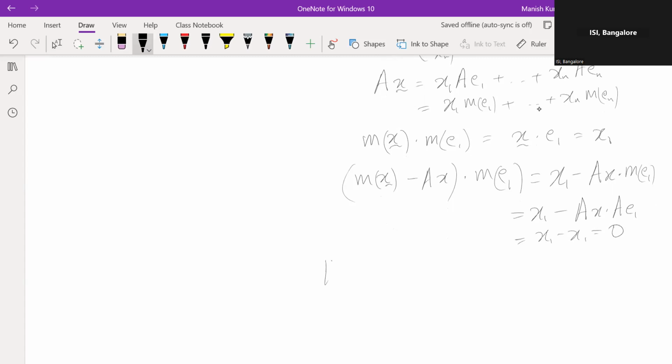Similarly, Mx minus Ax dot MEi is 0 for all i between 1 and n.